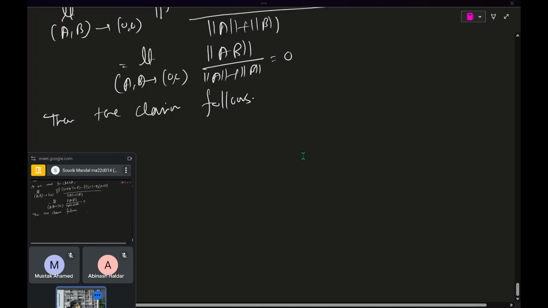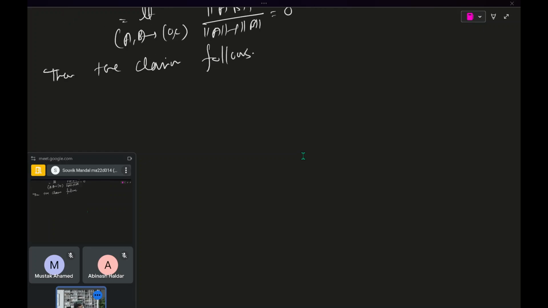Now let's go for the next objective assignment. The first question is the following: let f be a C1 function and P = (x0, y0, z0) such that f(x0, y0, z0) = 0.